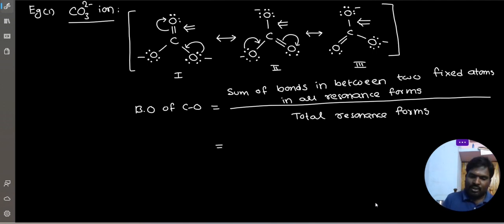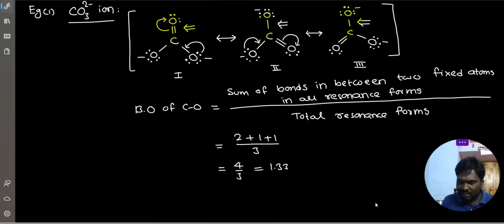Now just observe this one: double bond O, single bond, single bond. Now 2 plus 1 plus 1, by total resonance forms, how many? 3. That means 4 by 3, which is 1.33. What is the bond order? 1.33. Understood everyone?